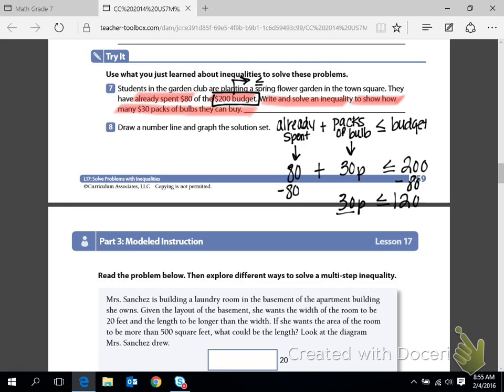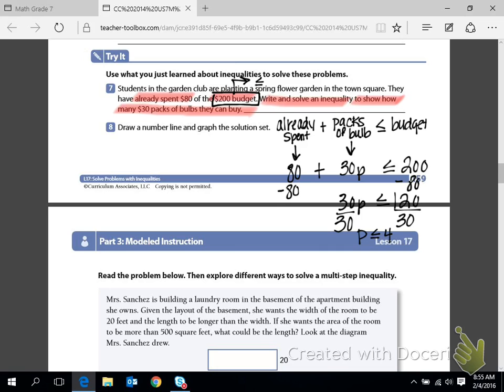We will then divide by the amount it is per pack, meaning that we could have 4 or less packs of bulbs. Then we want to draw a number line and graph the solution set. So when we talk about the solution set, could you have a fraction of a pack of bulbs that you buy?